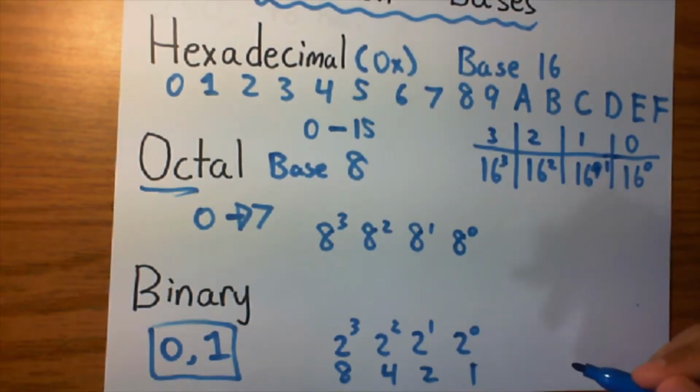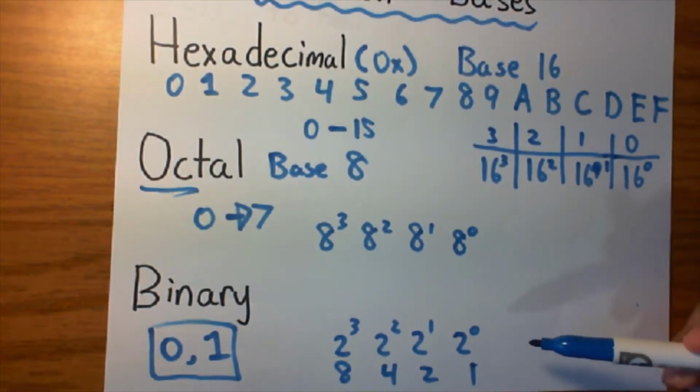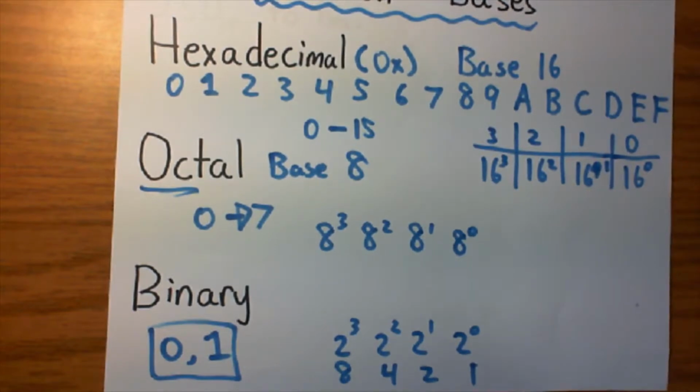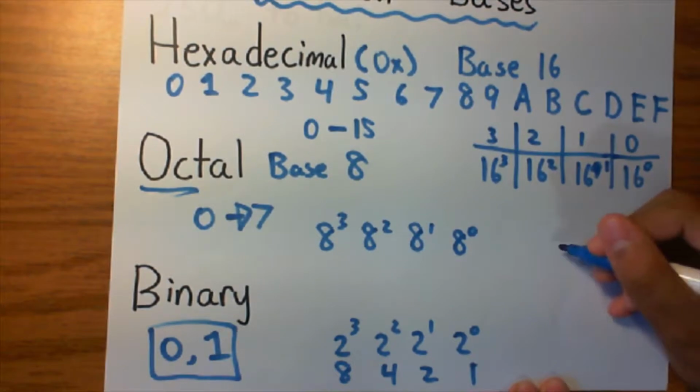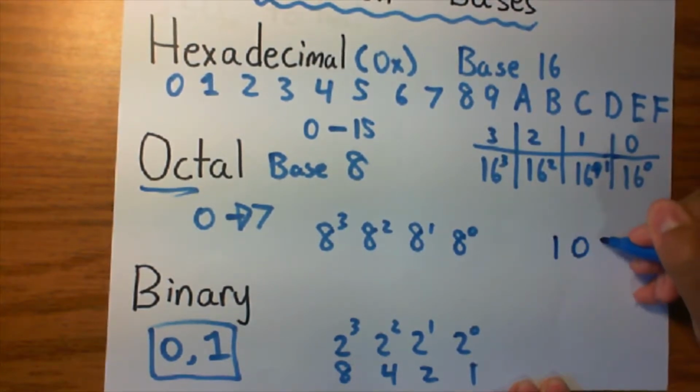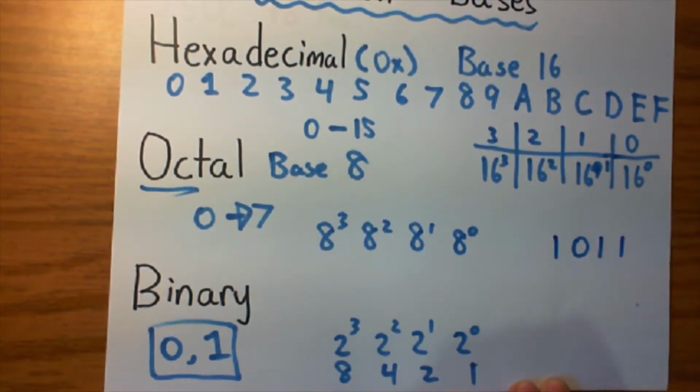Because what you have here is, I can just go through an example. Let me think for a second. We could just use a 4-digit binary number: 1, 0, 1, 1.